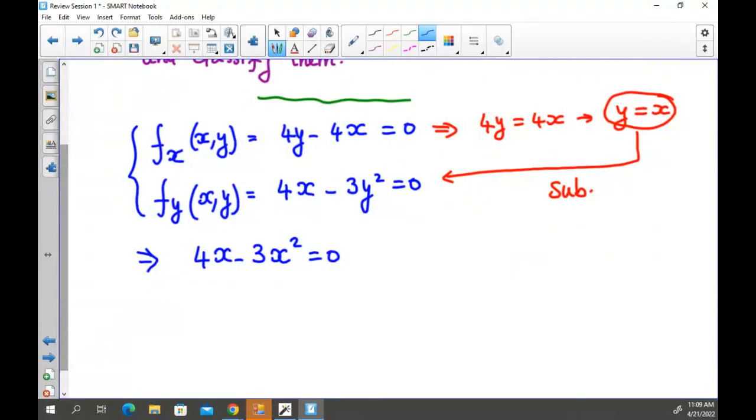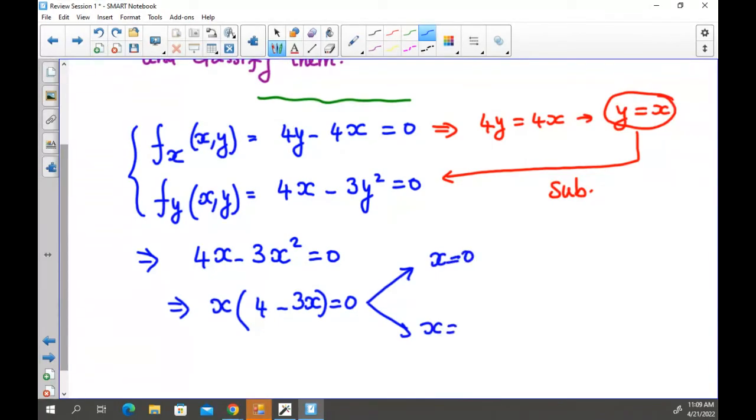This is a quadratic equation. It has two solutions. You can use your calculator, mod 53, or I can put x as a common factor, which will give us two solutions. X equals 0 and x equal 4 over 3.